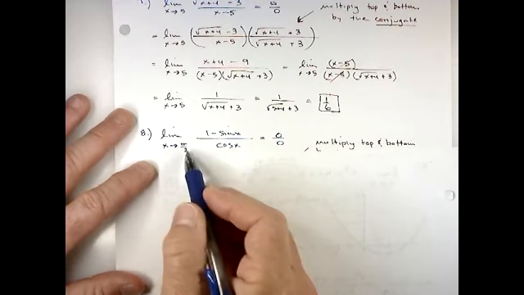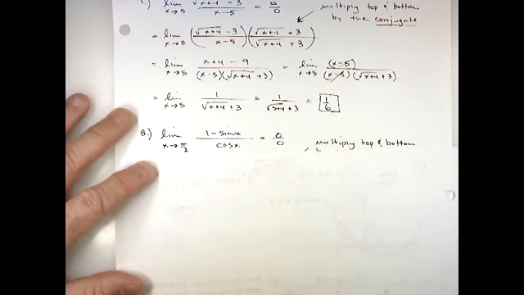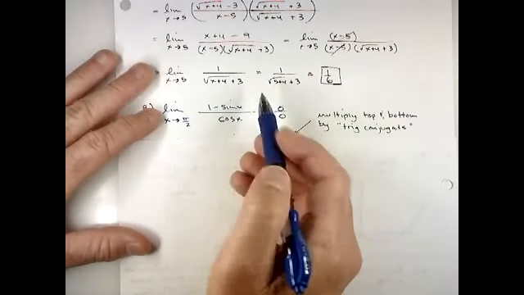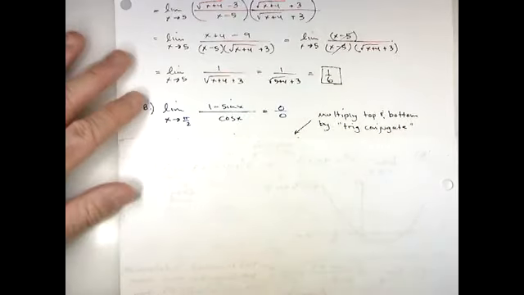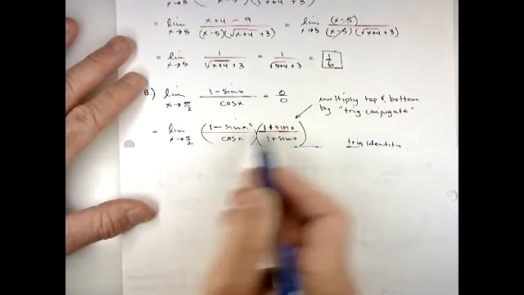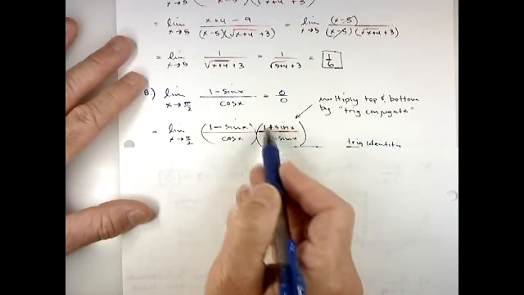So how we're going to sort this one out is we're going to multiply top and bottom by what I call the trig conjugate. So in the same spirit as how we did the regular conjugate, we're going to multiply top and bottom of this expression by 1 plus sine of x. We're just changing the sign.